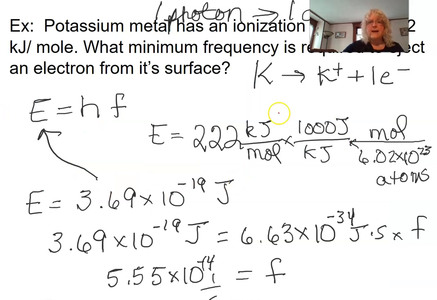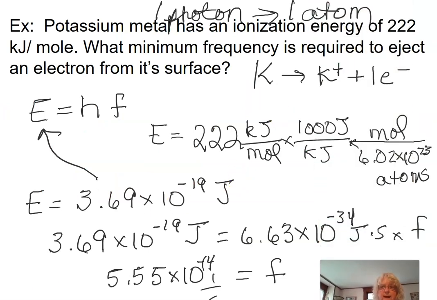So this is a calculation that we're looking at. I've written at the very top here, 1 photon, 1 atom. This is telling me that potassium has an ionization energy of 222 kilojoules per mole. And what we're going to do is calculate the minimum frequency of light that I would need in order to eject an electron from the surface of a potassium atom.